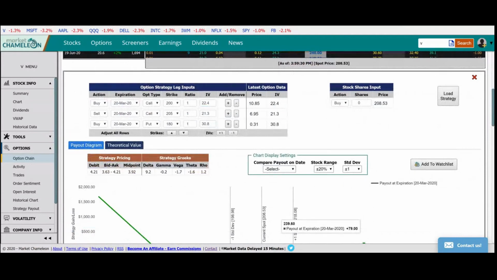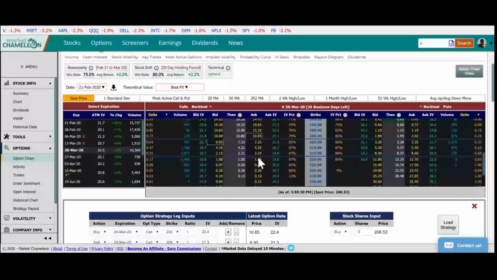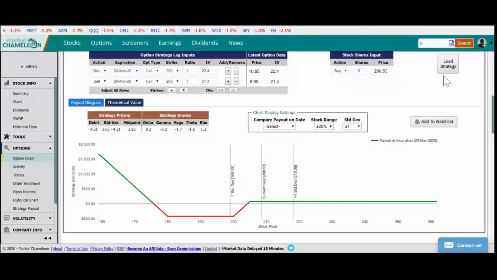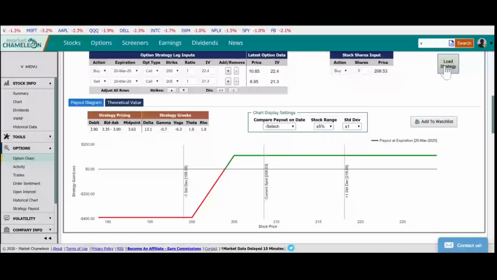But with options, you don't want to trade a lot because there's a big fee to trading options. You see these spreads, they're big fees. So in this scenario that I'm looking at right now, let me just rerun it on a call spread. You could see here that if you did it on the market, you'd pay $3.90.